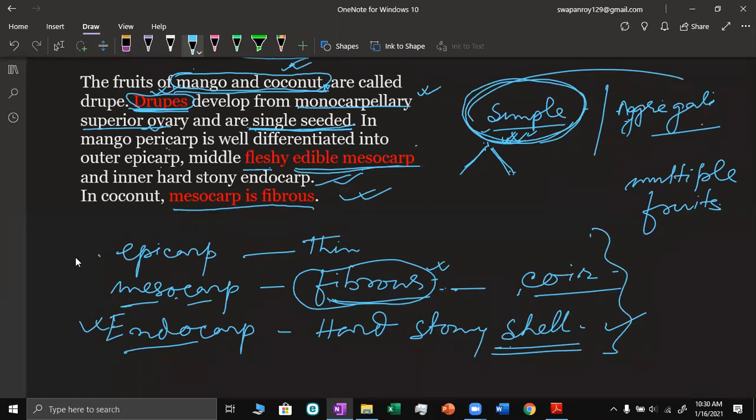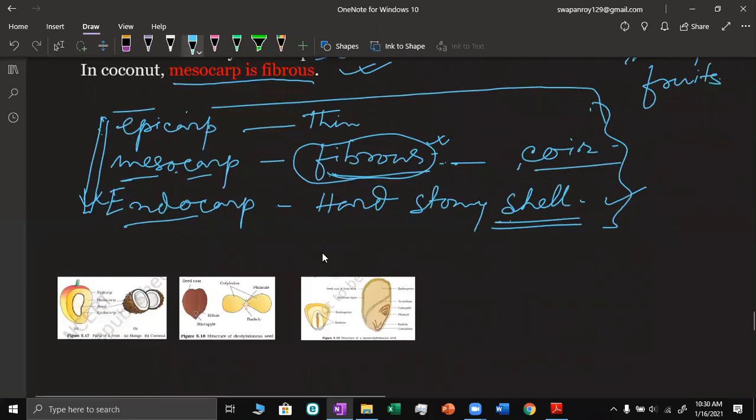So in case of coconut, the fruit wall is not edible. The seed is the edible portion. The portion we eat after breaking the shell, that white fleshy portion, is the endosperm.